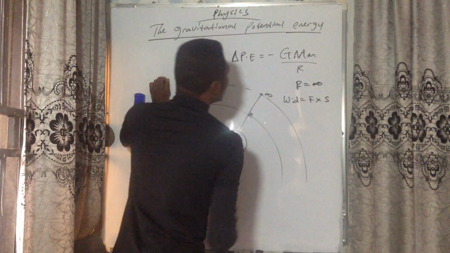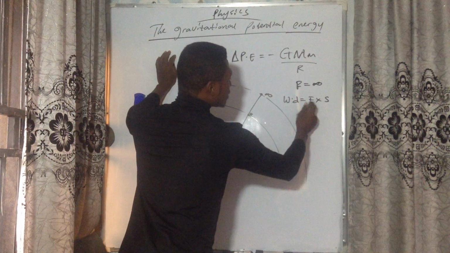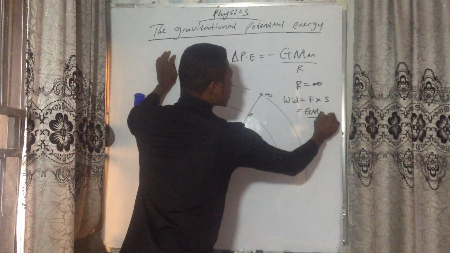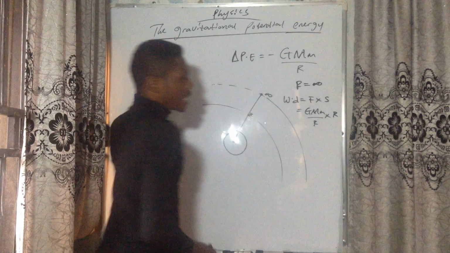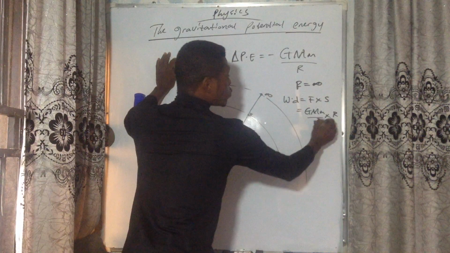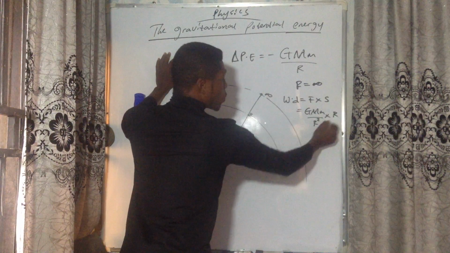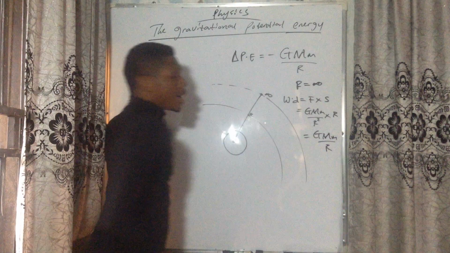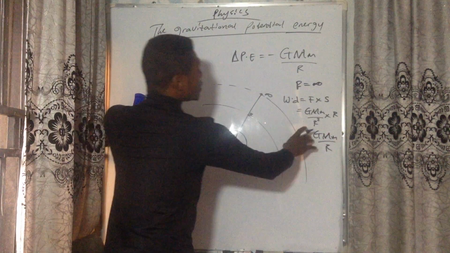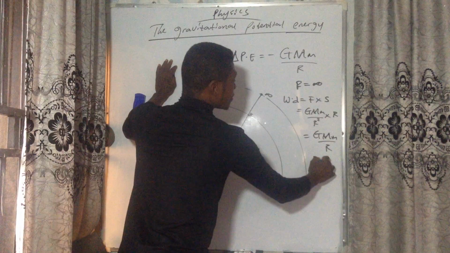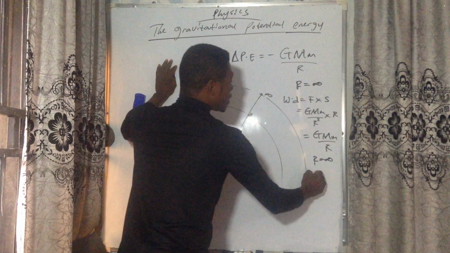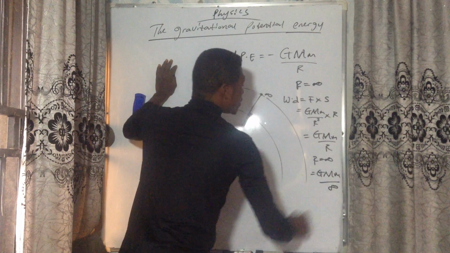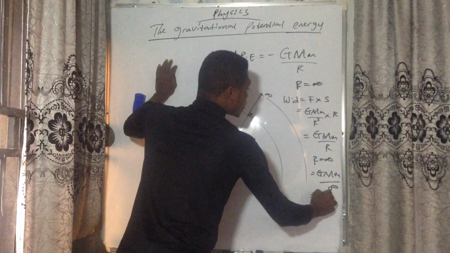So work done is GMm over R squared, times distance R. One R cancels, so it equals GMm over R. So when the radius is at infinity, GMm over infinity implies that the work done is equal to 0.